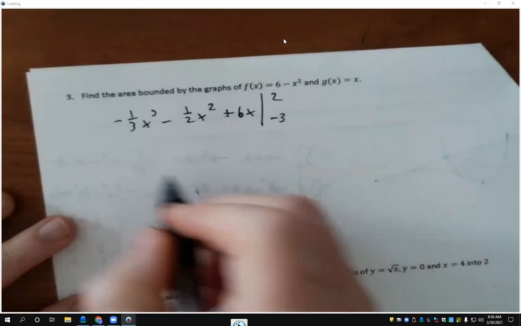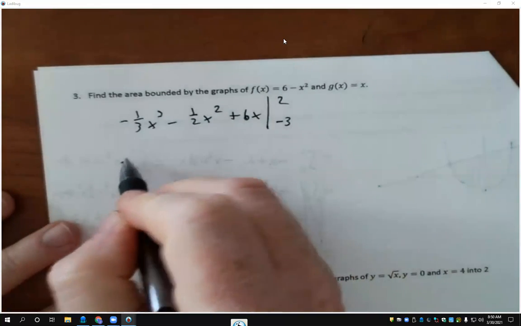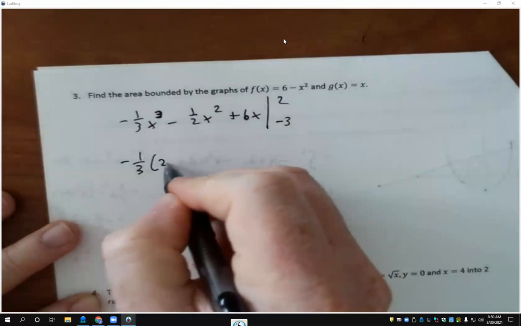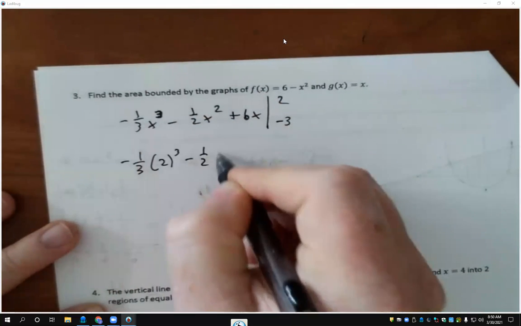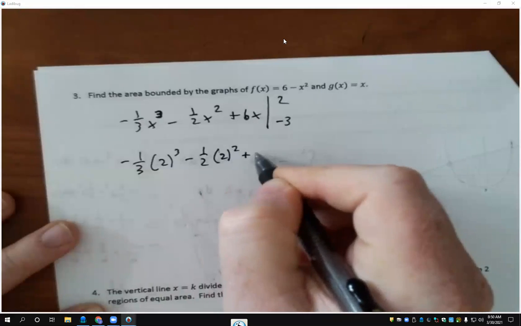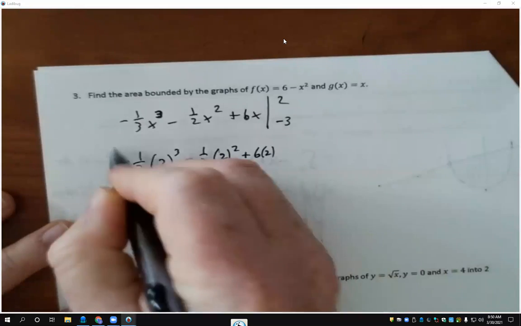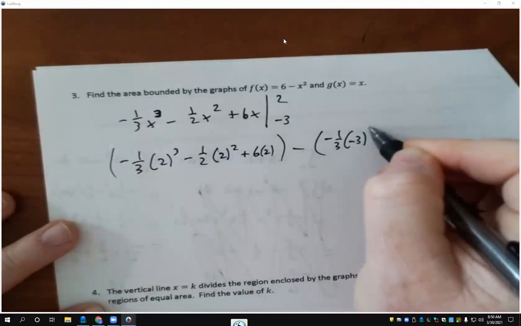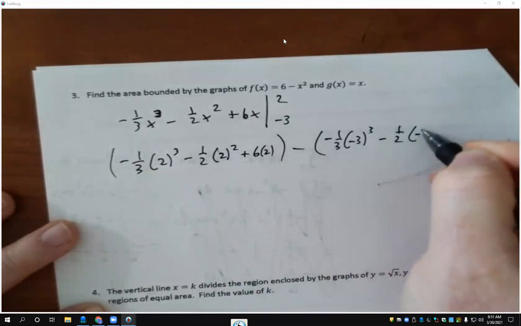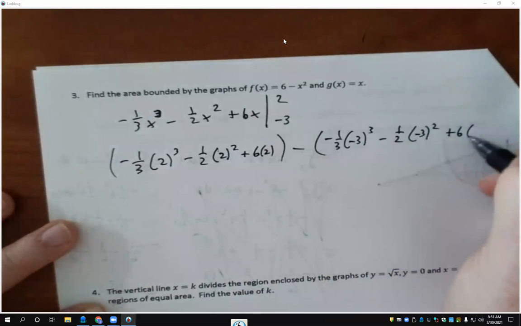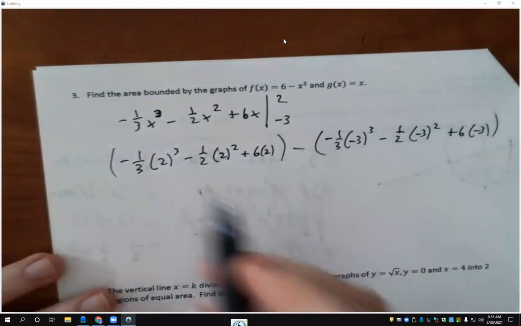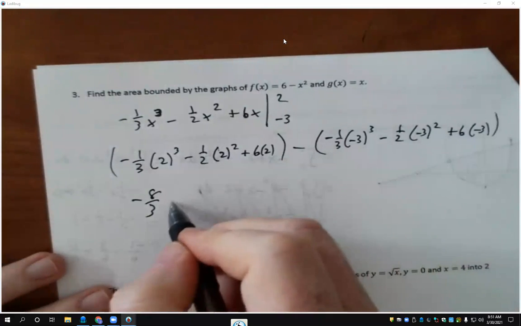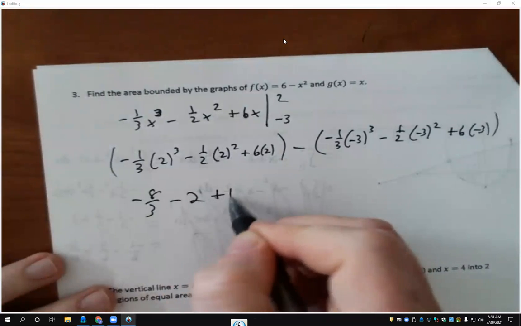Okay, so it's -1/3 x cubed times 2 cubed minus 1/2 times 2 squared plus 6 times 2, minus -1/3 times -3 cubed minus 1/2 times -3 squared plus 6 times -3. So this is -8/3, this is -2, and this is 12.